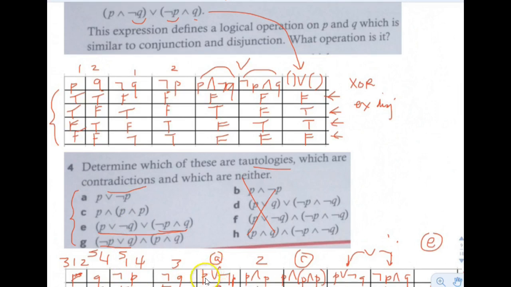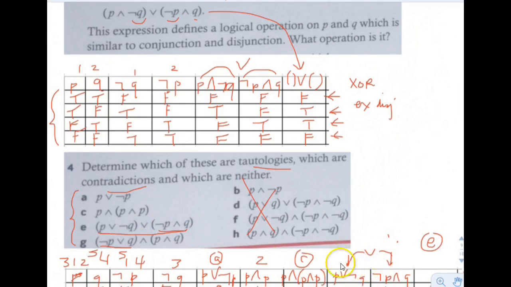Then there is a P or not P operation, which is that one. There is a P and P operation, which is this in the parentheses. And there's a P and, in parentheses, P and P, which is that one. And I put these two columns for that. Then to do E, we need P or not Q, and we also need not P and Q, which is here.